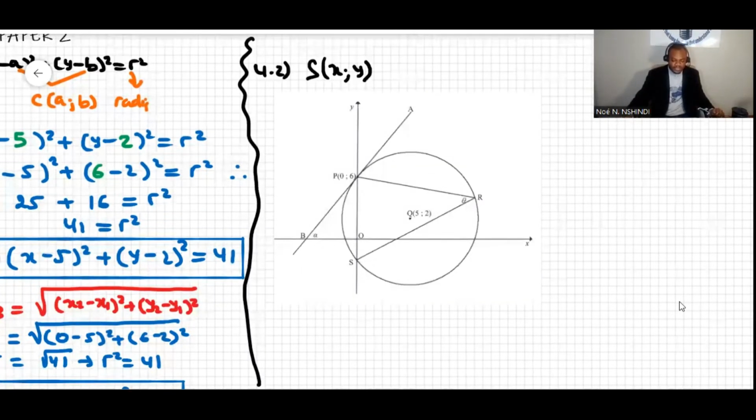We're looking for the coordinates of S, but what we notice is S is a point on the circle, and it's also a y-intercept. So y-intercept means x is equal to 0. Over here, its x coordinate is 0, but its y coordinate is unknown.